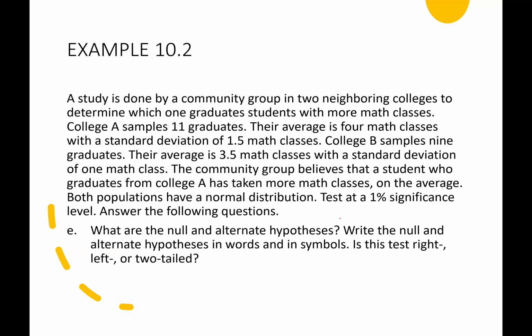Okay, what are the null and alternative hypotheses? The community group believes that a student who graduates from college A has taken more math classes. So is that the alternative? That college A takes more than college B? So what's the null?